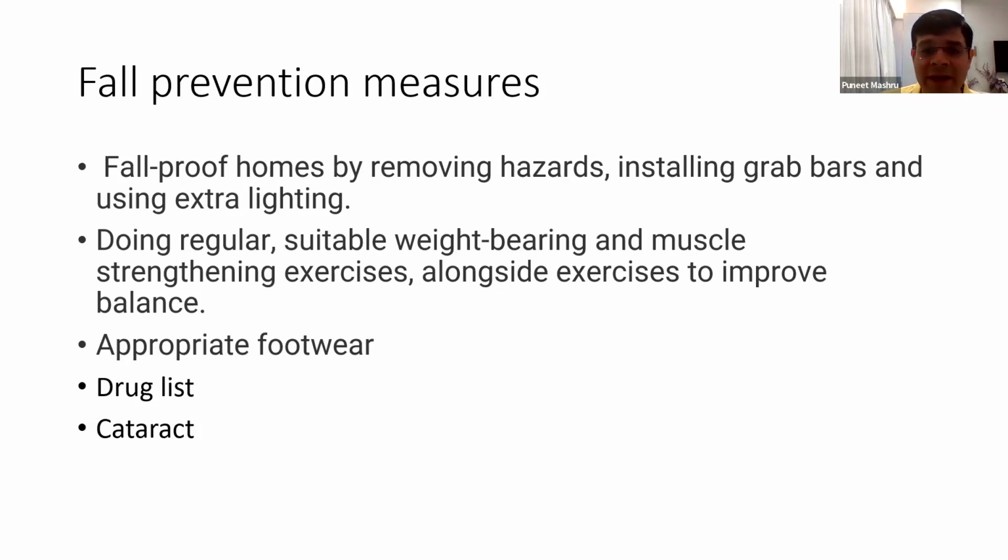It's called sarcopenia. Also appropriate footwear, going through a drug list to see if any drug can potentially cause excess sleepiness, drowsiness, and increase risk of falls, and assessing the vision and looking for cataract in elderly people.